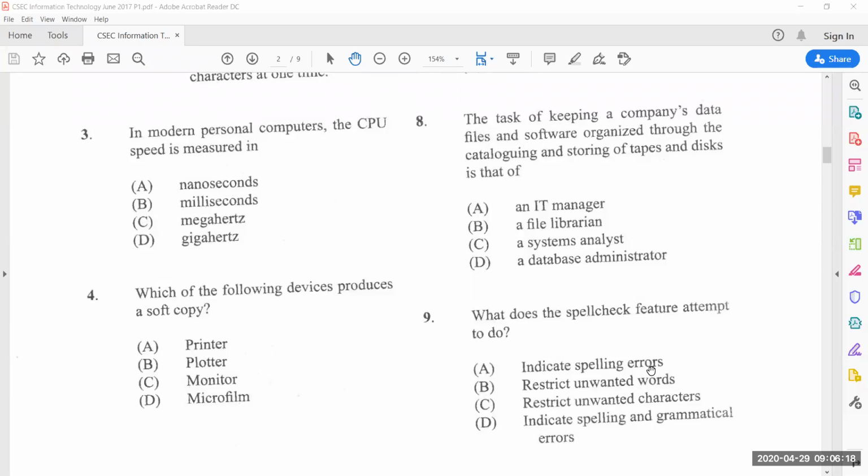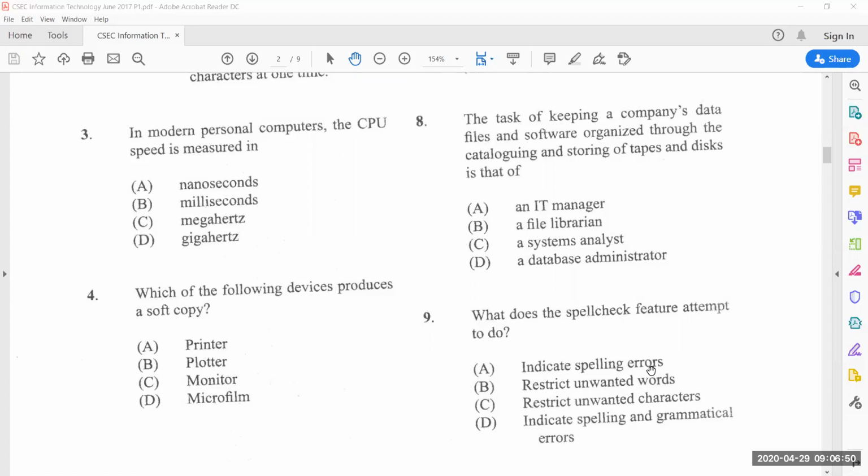Which of the following devices produces a soft copy? You have the printer, plotter, monitor, and microfilm. Any answers?